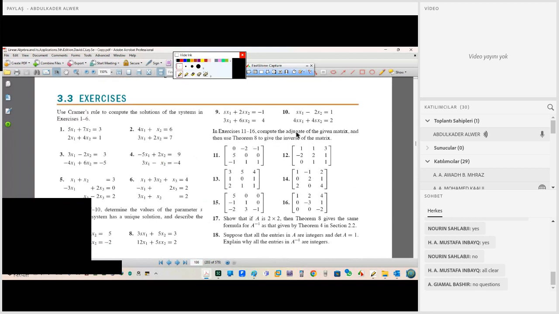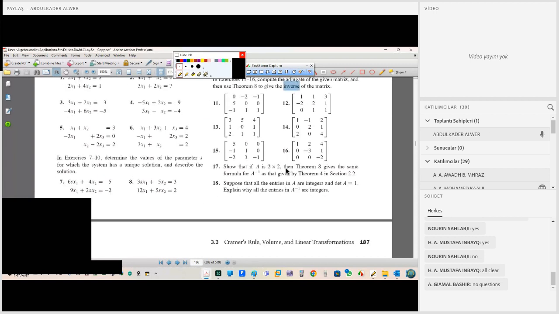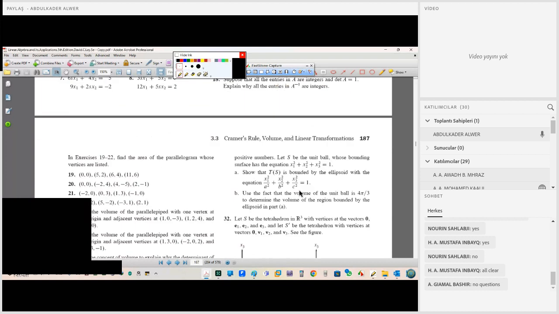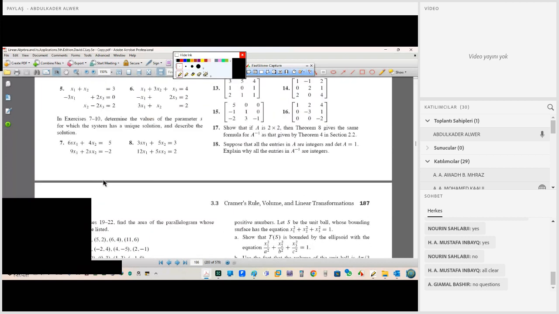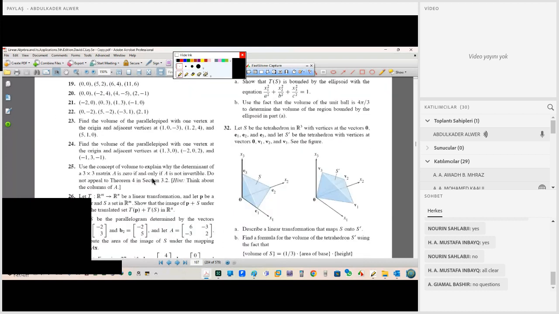Compute the adjugate of the given matrix. He didn't ask me to find the inverse. First calculate the adjugate, then use the theorem to give the inverse. So first of all to calculate the adjugate, that means C^T, or C transpose, then find the inverse. 17, 18, and after that is cancelled.